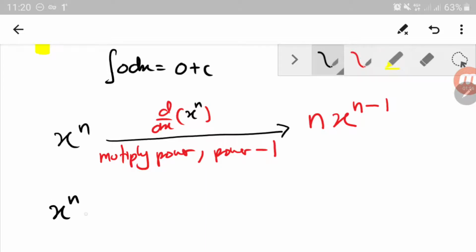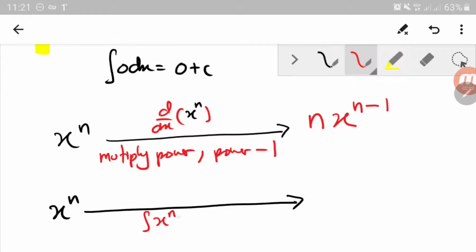So if we want to integrate x^n with respect to x, what we have to do is turn the last process of differentiation into the first one for integration. The one that I boxed is the last process, power minus 1, and we turn it the other way around. So we do power plus 1, and then what's left?